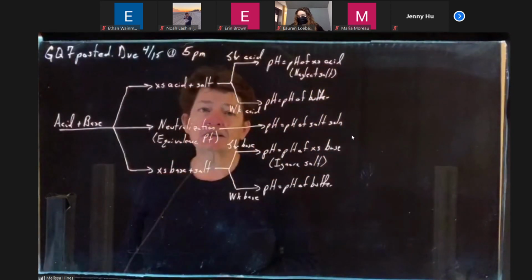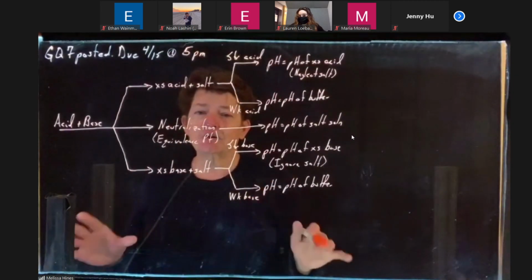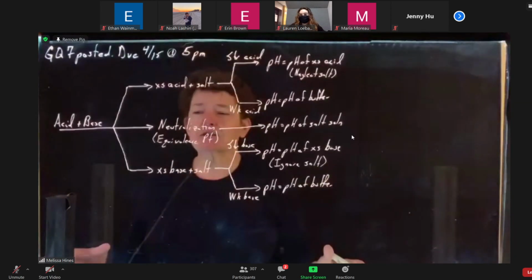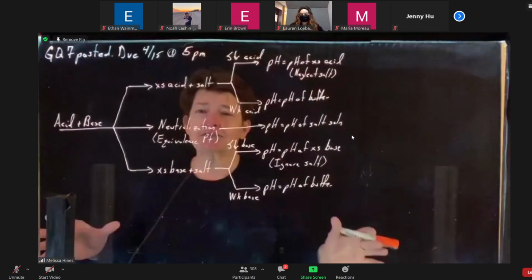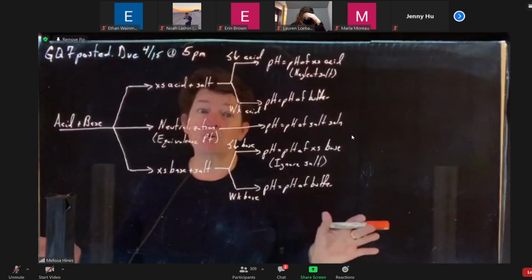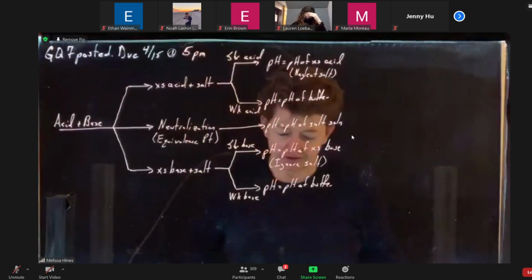Okay, so at the end of the last lecture, we started talking about this mildly scary diagram. So let's go through this again. What we're trying to do is figure out what is the pH of a solution after you mix an acid and a base. And to understand that, you have to understand where you are in this process.